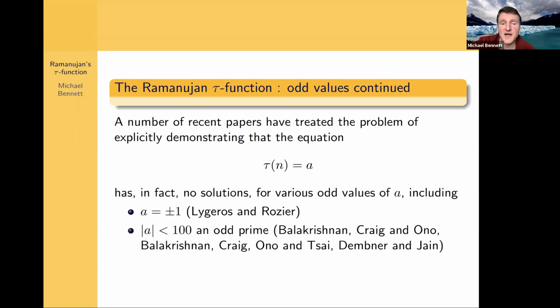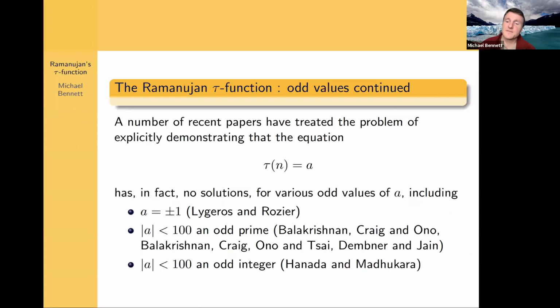And then for tau odd primes up to 100 or so, there's a collection of papers by Balakrishnan, Craig, Ono and other co-authors and other people from an REU, an undergraduate summer research project out of Virginia, based around Ken Ono, for A odd primes, and then filling in some composite values as well.